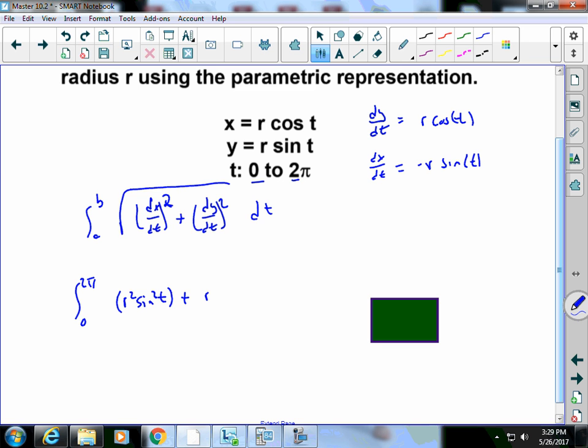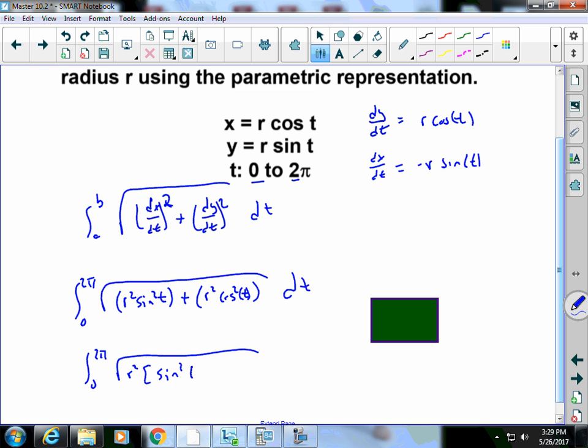When I square that, I get r squared cosine squared t. Let's take the square root of that, from 0 to 2 pi. Well, they both have an r squared, so I'm going to factor out the r squared, leaving behind sine squared t plus cosine squared t, dt.